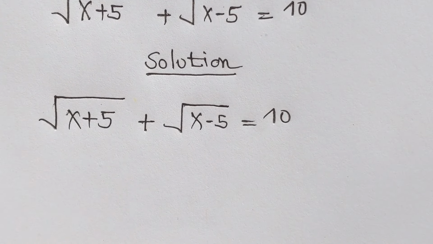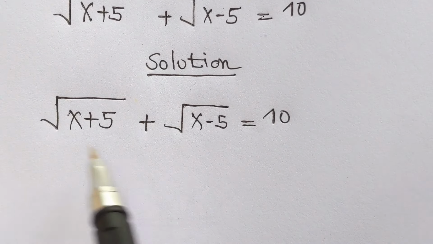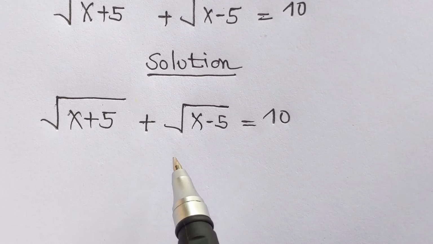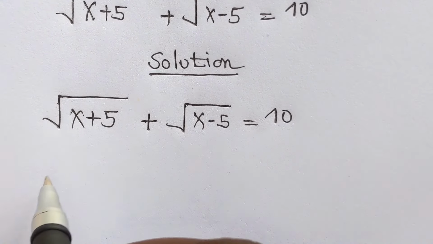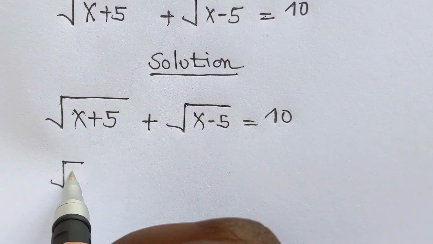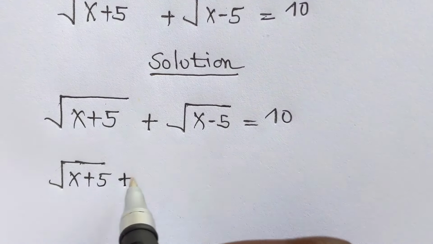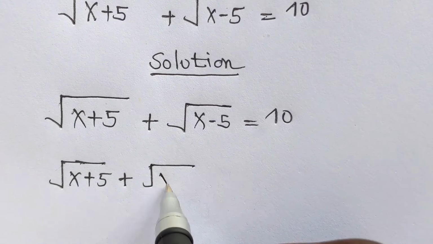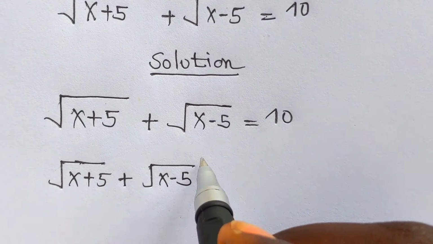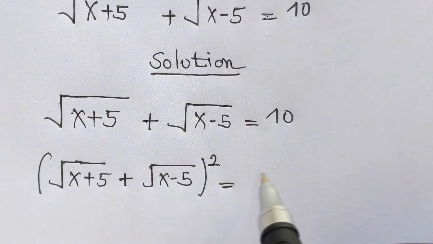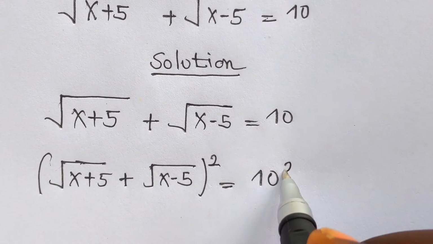First of all, for this option that we're going to start with, we can square both sides, of course, to get: square root of x plus 5 plus square root of x minus 5, squared, equals 10 squared.